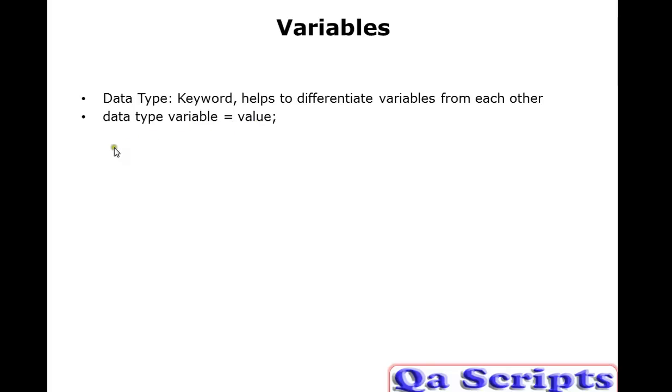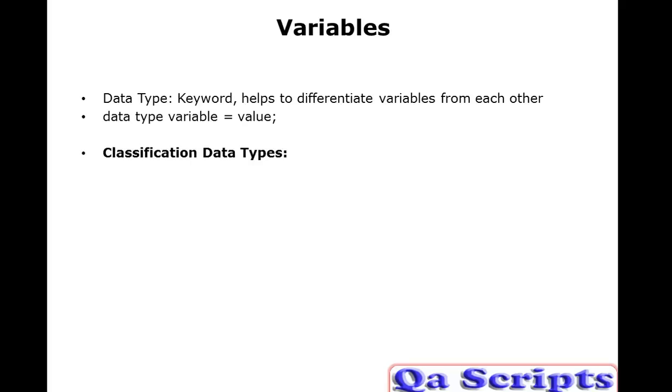Here the data type will be different to hold different kinds of data. What I explained about characters and numbers, decimal numbers, they are all different data. So to store those different types of data, we need to use the data type before a variable name.